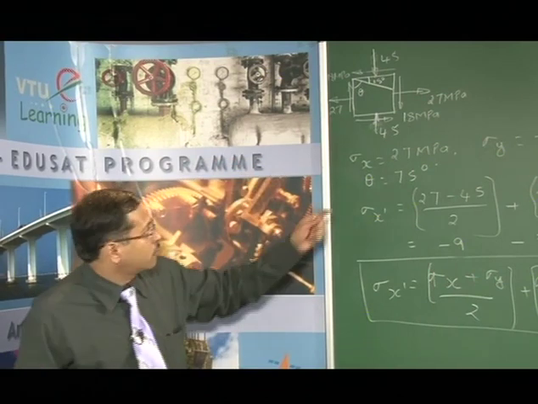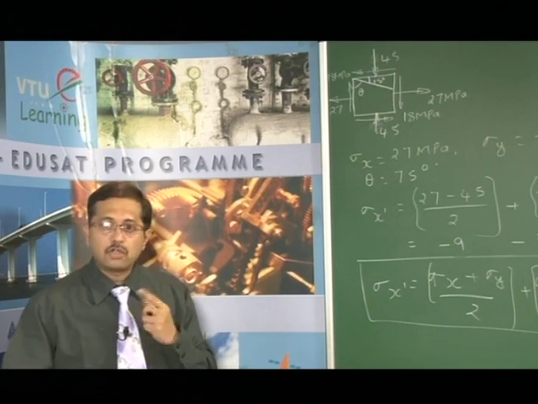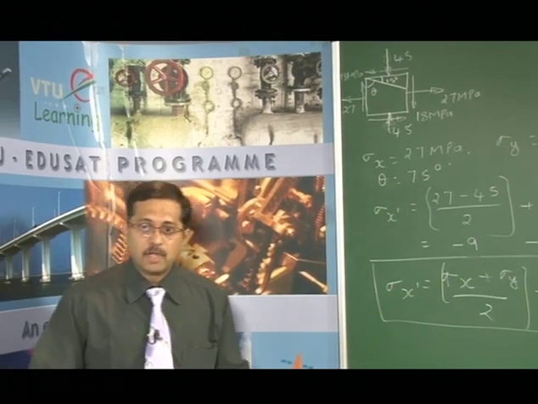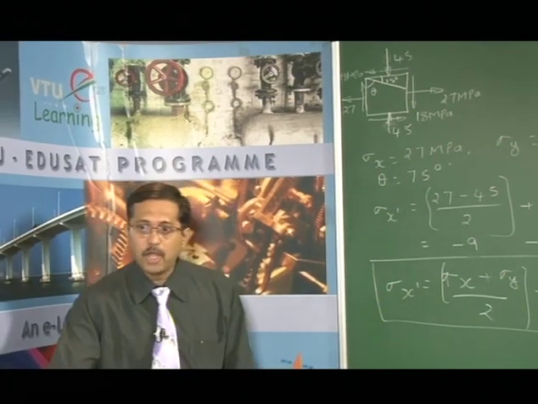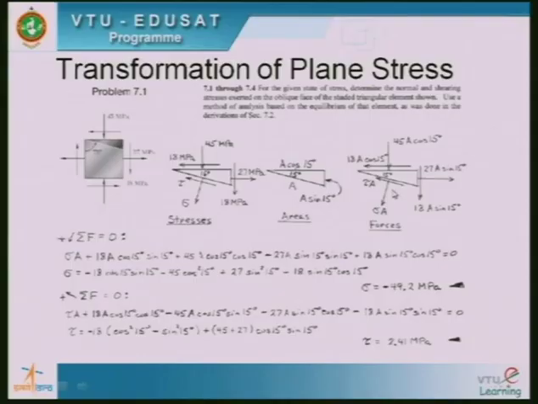Okay. So what we have got here is the normal stress. Similarly, we can also find out the shearing stress. So now let us find out tau. We will resolve all the forces acting along the tau axis. Here tau into A, the area, gives this force, and the positive sense we have taken to be like this.